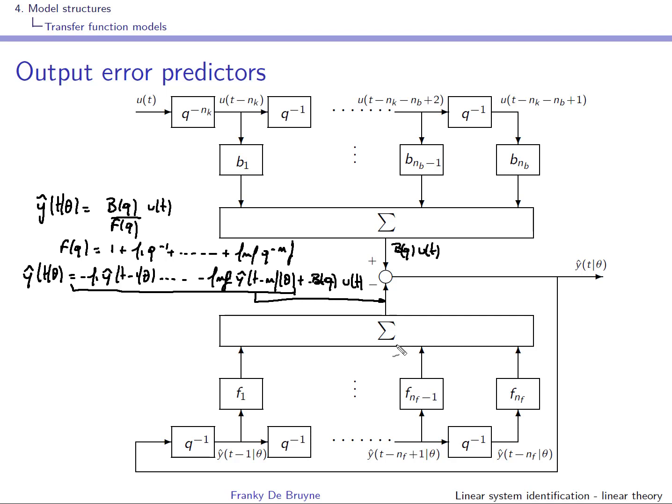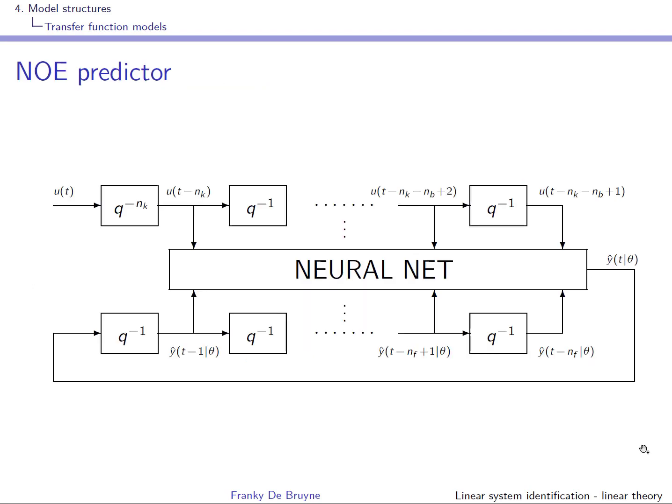So this is looking a lot like what we had for the ARX predictor, with a major difference: what was entering this chain over here was not the previous simulation but the actual output. Okay, so this is really important to see, and have a look at the ARX predictor to see the difference.